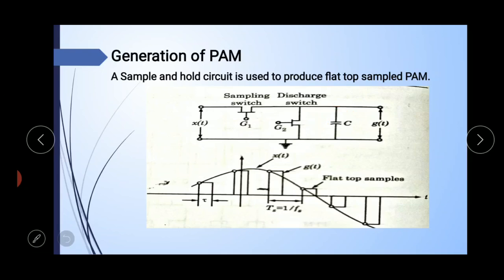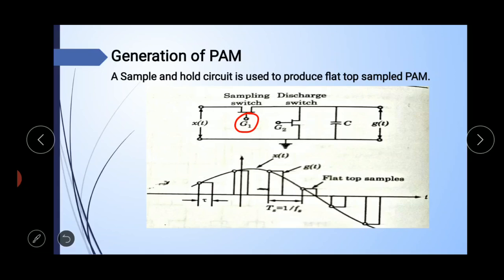The sampling switch is closed for a short duration by a short pulse applied to the gate G1. So when we apply a pulse, this sampling switch is closed.